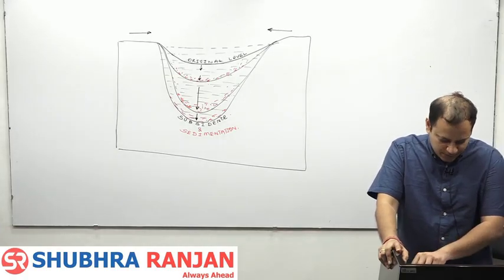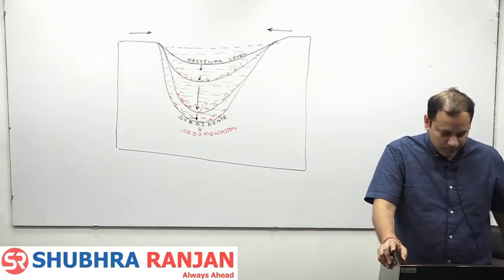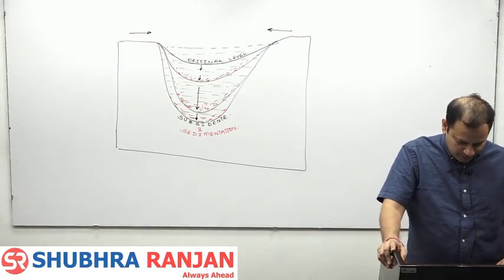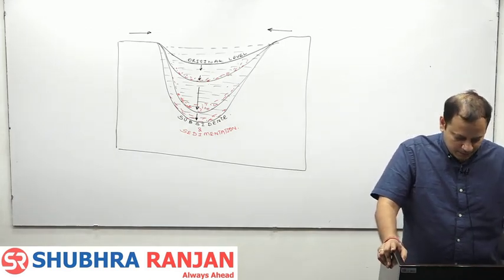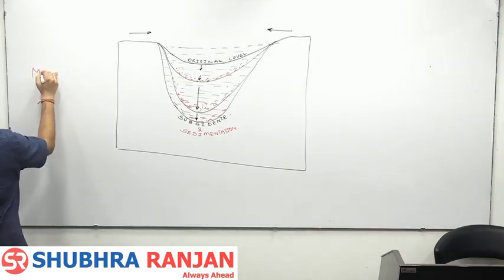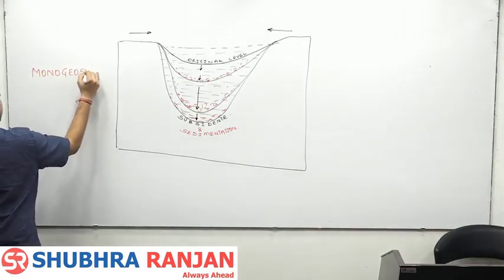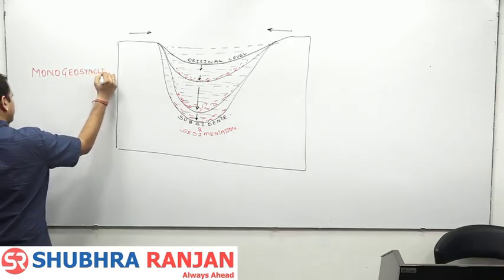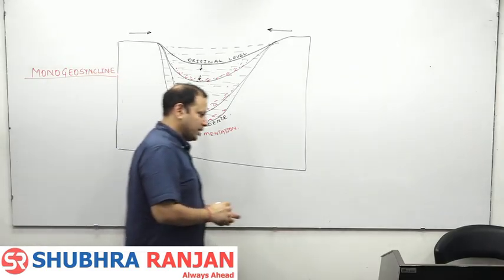There are different types of geosyncline, such as monogeosyncline.